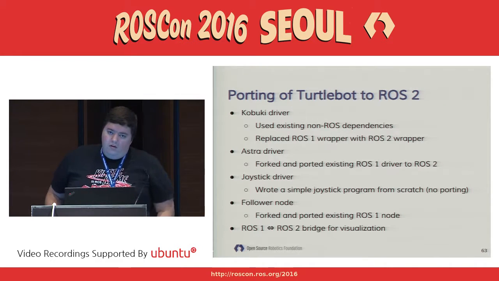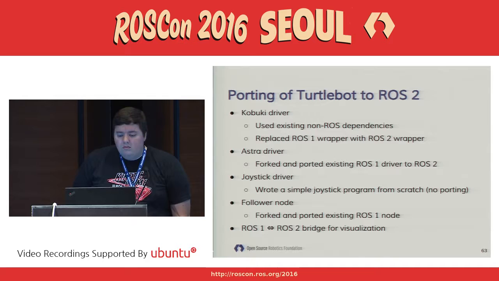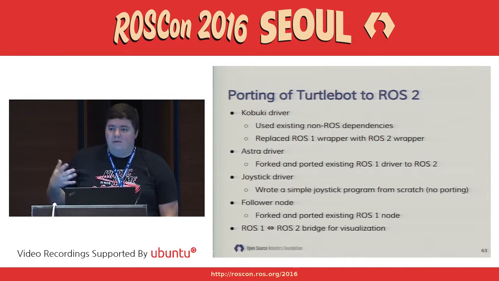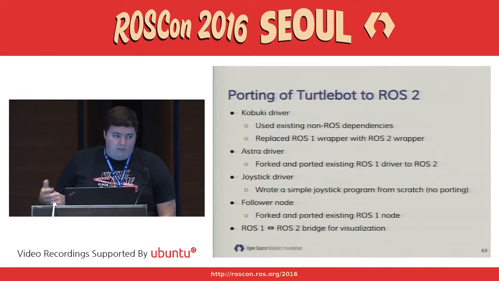So this slide is basically how we ended up doing this, and then I'm going to go into a little detail about other things that we tried. For the Kabuki driver, it's actually a really modular set of software. There's quite a lot of packages under the Kabuki driver in ROS 1.